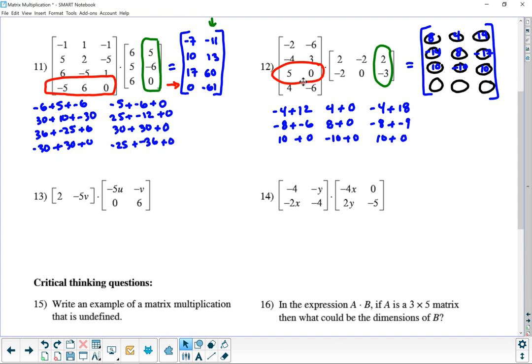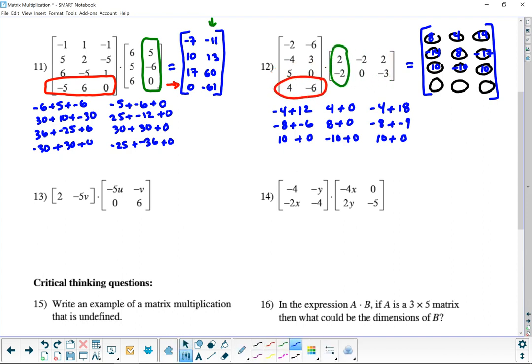All right, now I'm going to go ahead and go to the fourth row and back to the first column. 4 and 2 is 8 plus negative 6 and negative 2 is 12. So my answer is 20. Move to the next column. Still the fourth row. So 4 and negative 2 is negative 8. Negative 6 and 0 is 0.